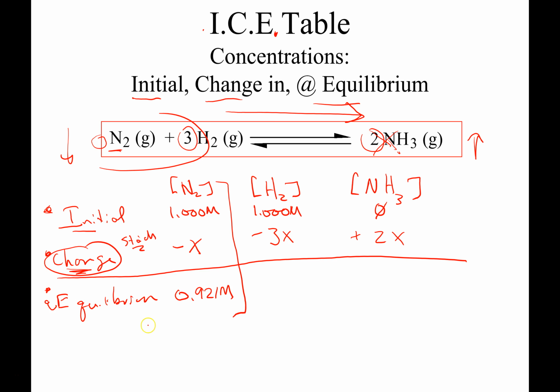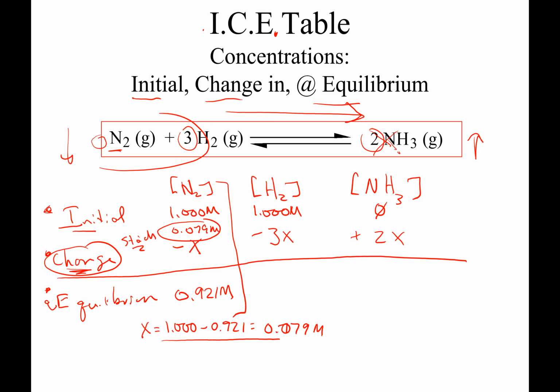Based upon that, x has got to be equal to 1.000 minus 0.921. Does that make sense? I got my calculator here: 1 minus 0.921 is 0.079. That was our change, so I'm going to insert that here, 0.079.